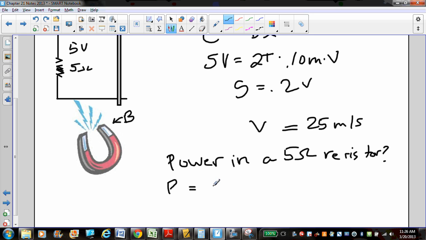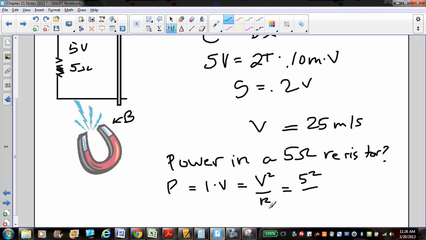We could say that power is equal to current times voltage. We have a current. Oh, we don't know the current, do we? So let's go ahead and use a different formula. Let's use voltage squared over R, because those are the things that we have. So voltage squared would be 5 squared.